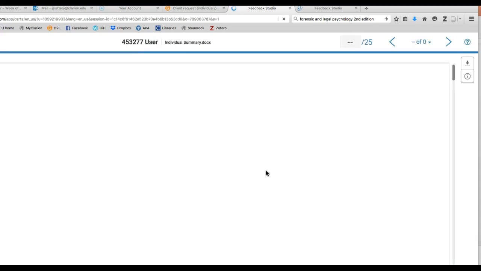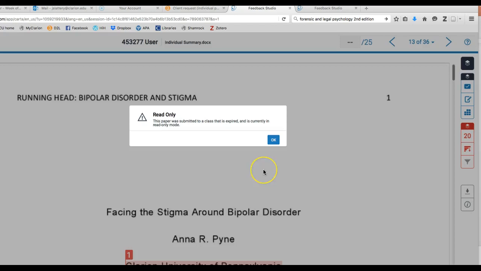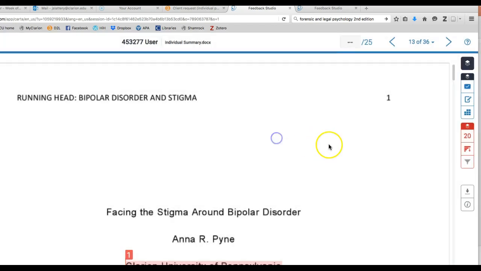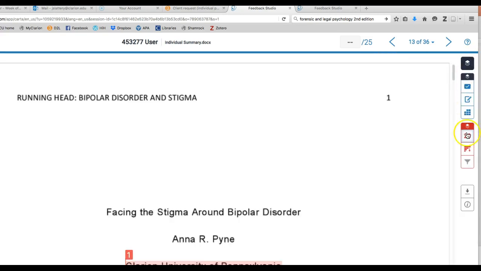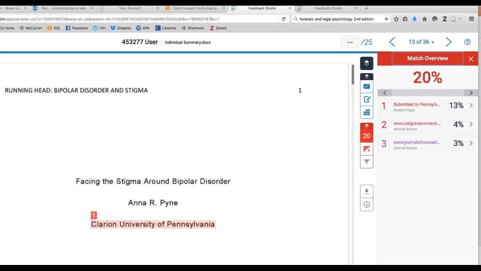So this is Anna's paper. It has a Turnitin similarity score of 20%. I clicked here on the 20, which brought me to this.